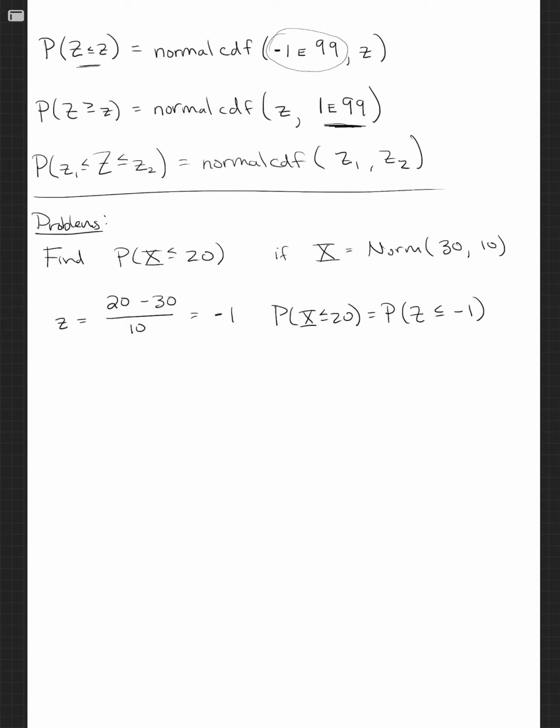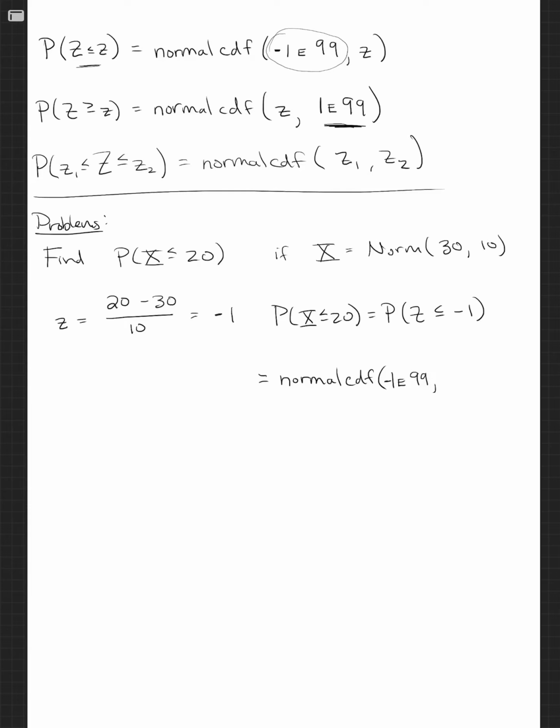It's hard to explain without a picture, and I don't have one of those on my tablet. But you always look for z on the outside. You look for the first couple digits on the left, usually, and the last couple digits on the top. And then you look for the center of the table to get the probability. Or we can plug this into our calculator.